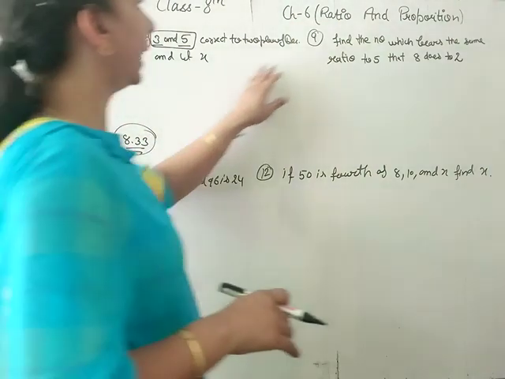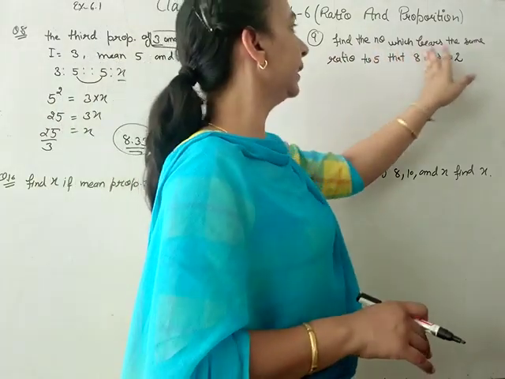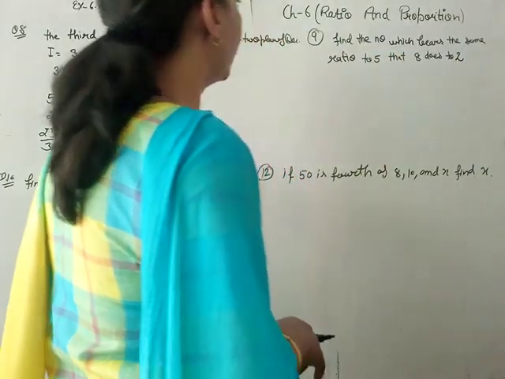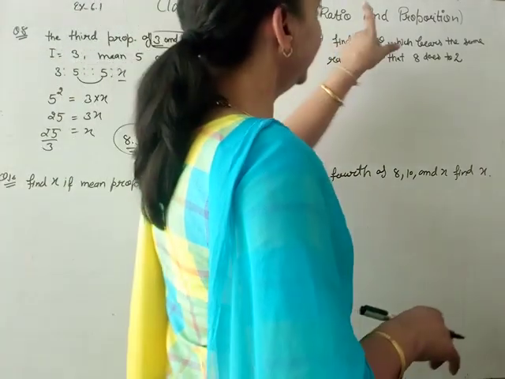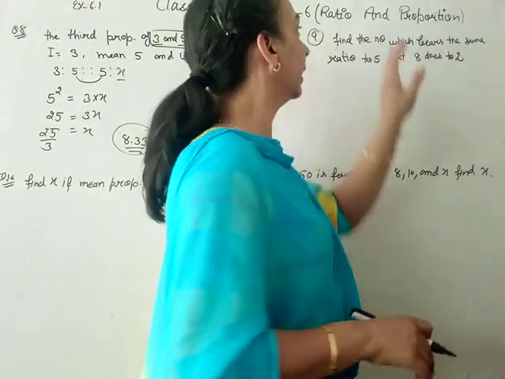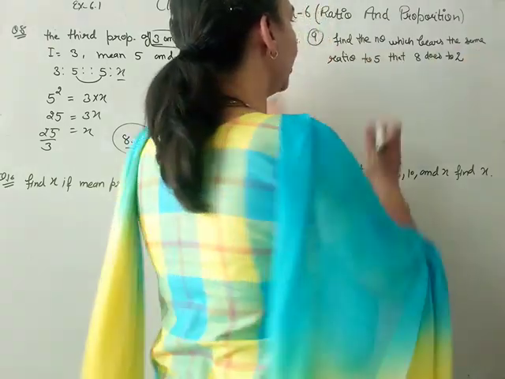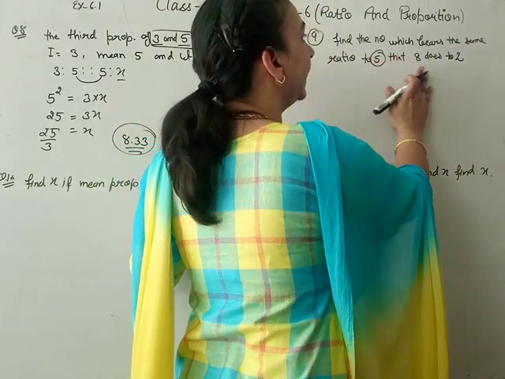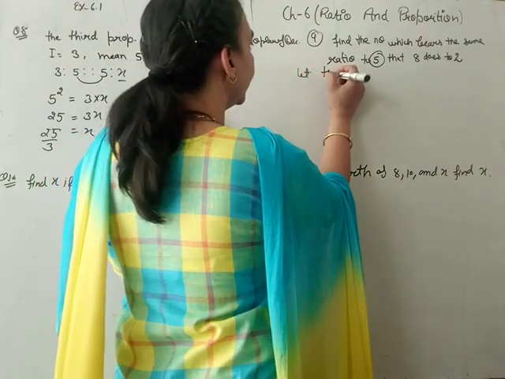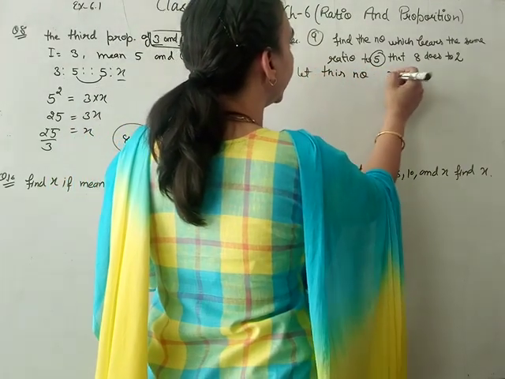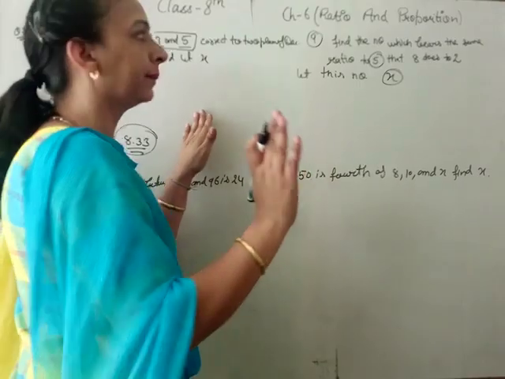Then question number 9. Find the number which bears the same ratio to 5 that 8 does to 2. Student, we find a number which bears the same ratio to 5 that 8 does to 2. Let this number be x.